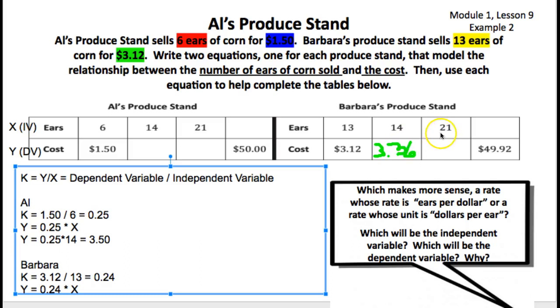And y equals 21 times 0.24, which gives us 5.04. And for 49.92, we have 208 ears of corn.